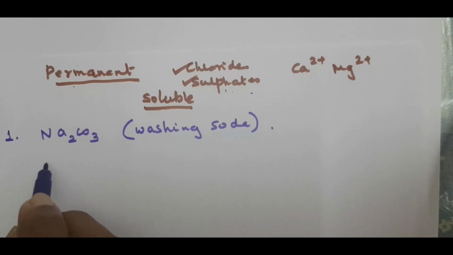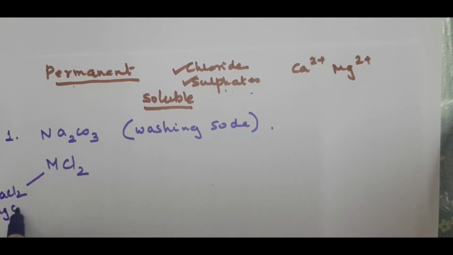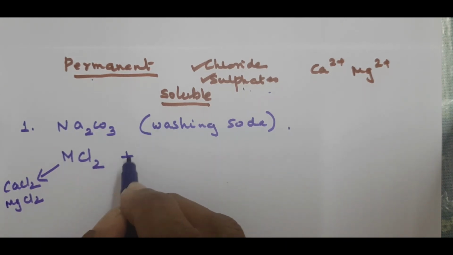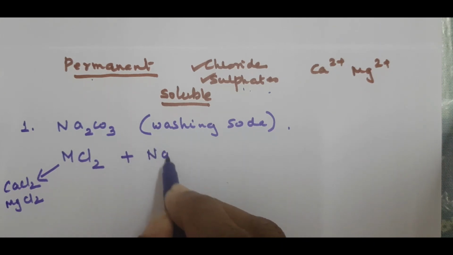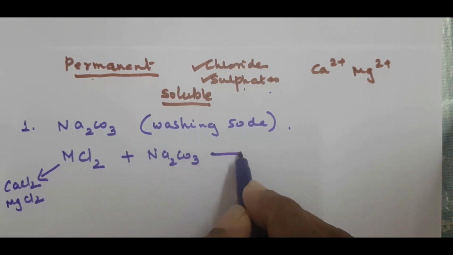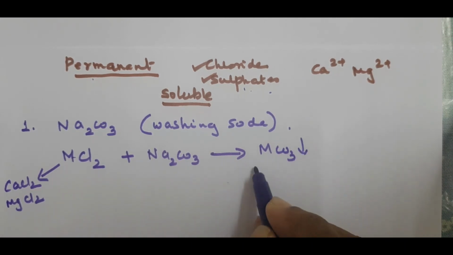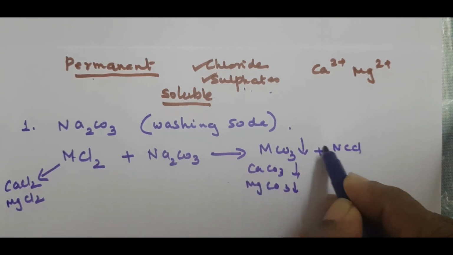Now, for example, if we have MCl2, MCl2 means it is CaCl2 or MgCl2. It can be both. So when MCl2, that is our chlorides of calcium or magnesium, is treated with Na2CO3, what will happen? The carbonate, that is MCO3, for example calcium carbonate or magnesium carbonate, is precipitated and 2NaCl is formed.